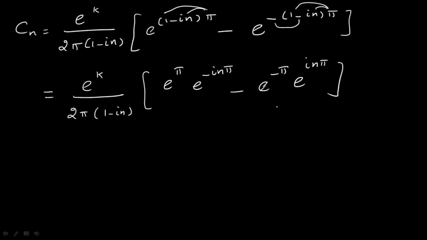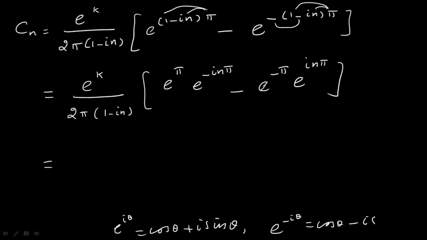That's all. So you know already e power i theta is equal to cos theta plus i sin theta, and e power minus i theta is equal to cos theta minus i sin theta. So we make use of this here. So here e power k over 2 pi of 1 minus in. Expanding this, e power pi is a constant, so you just write it as it is.